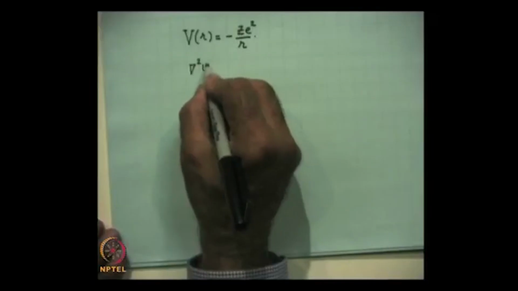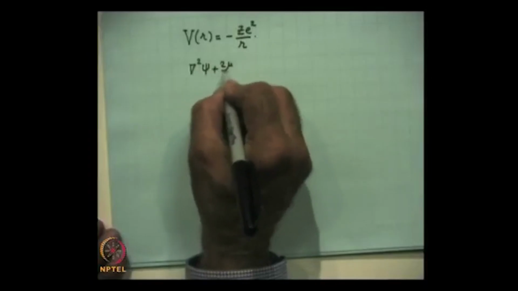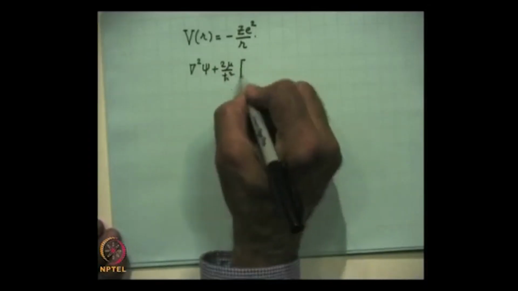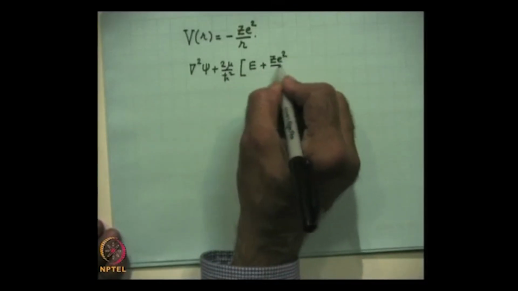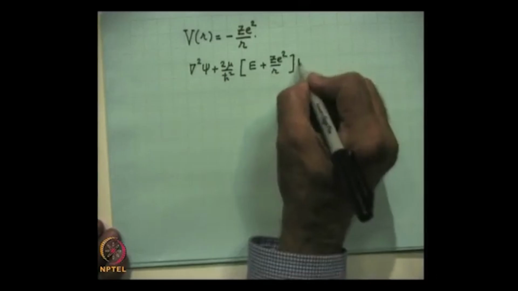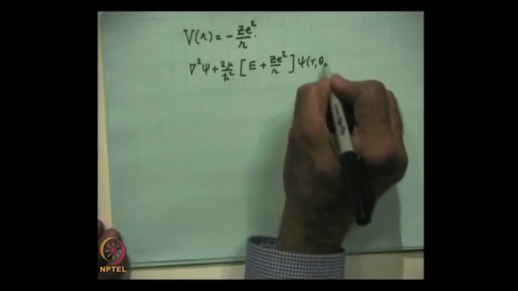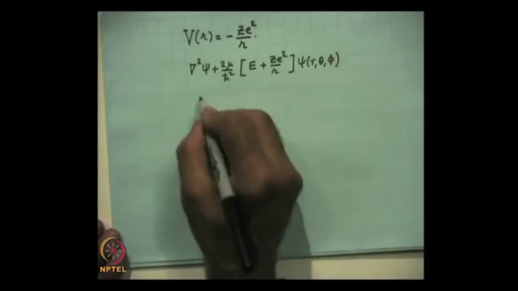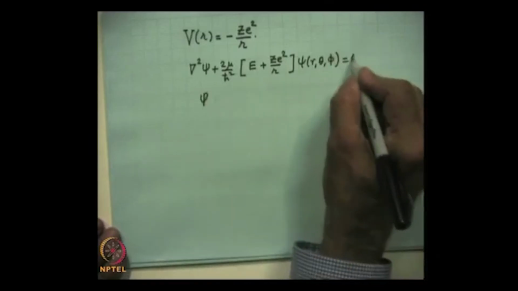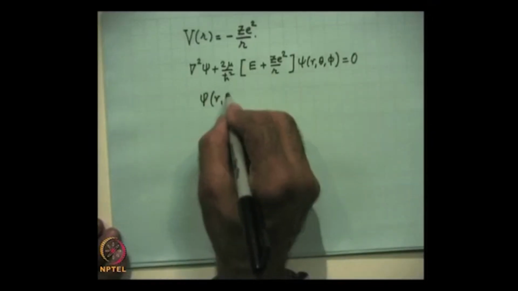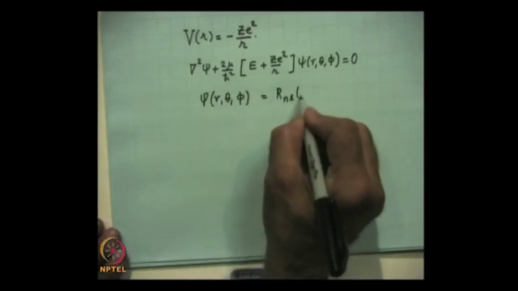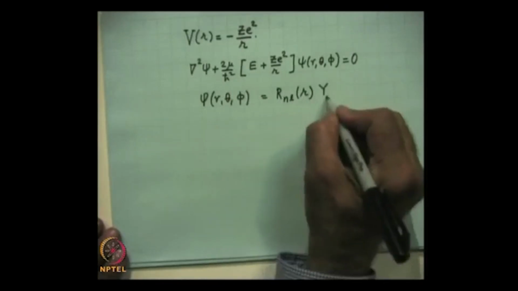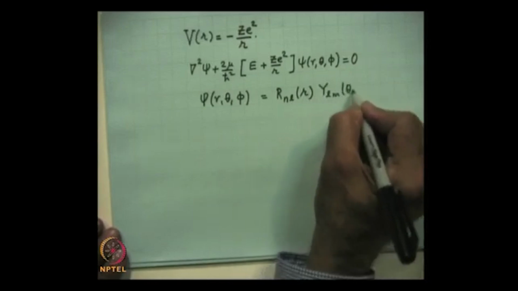For that, we had to solve in terms of the radial coordinate 2 mu by h cross squared E minus V of r, that is plus Z squared by r, psi of r theta phi, and then psi of r theta phi was equal to R n L of r Y L m of theta phi.